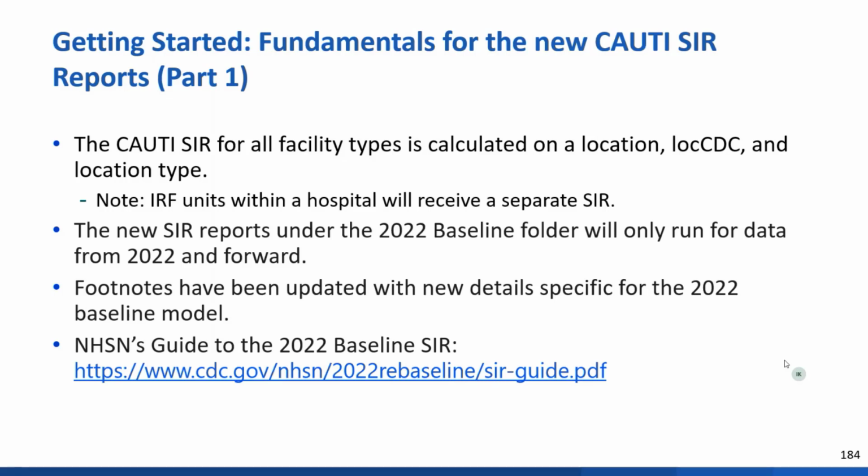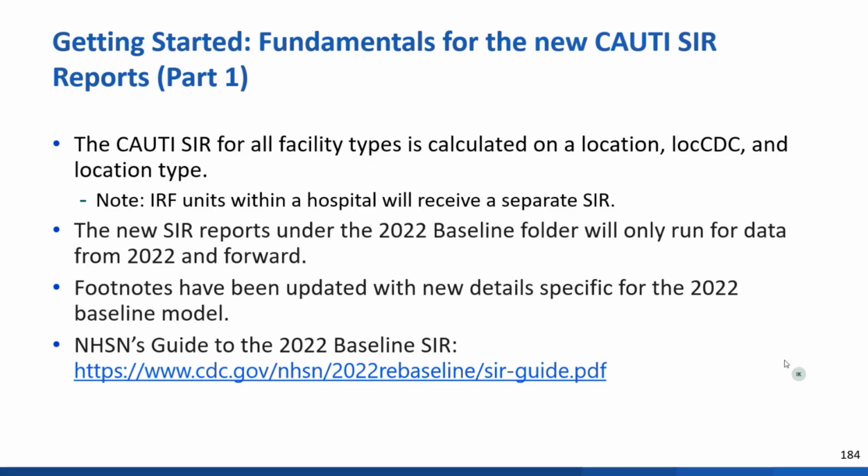First, the CAUTI SIR is calculated based on three key components: specific location, the CDC location code or LOC-CDC, and the location type. This ensures that the SIR is both accurate and meaningful for comparison across the different settings.